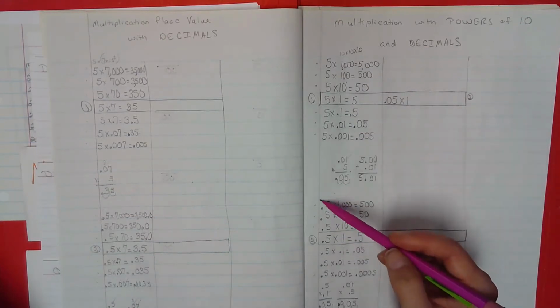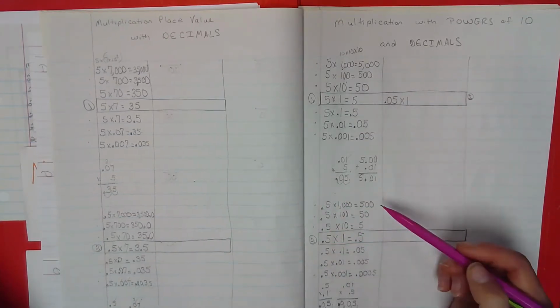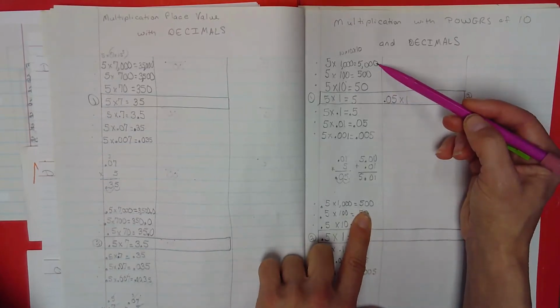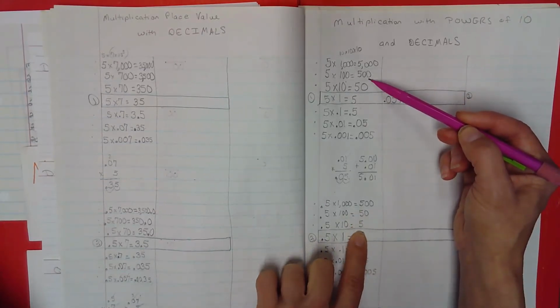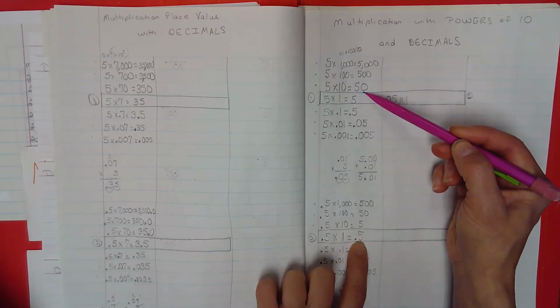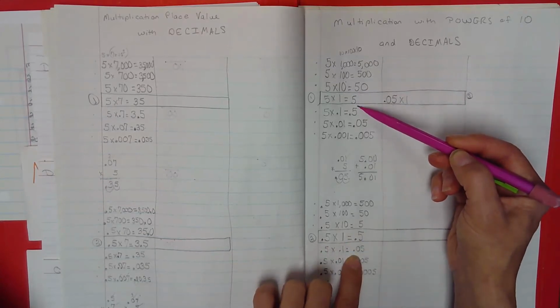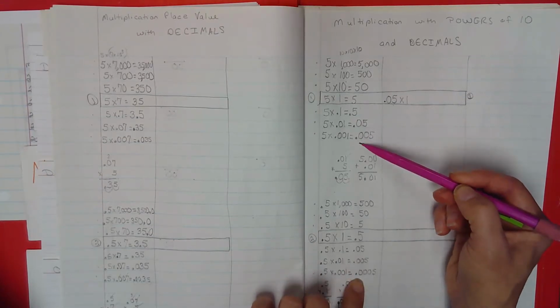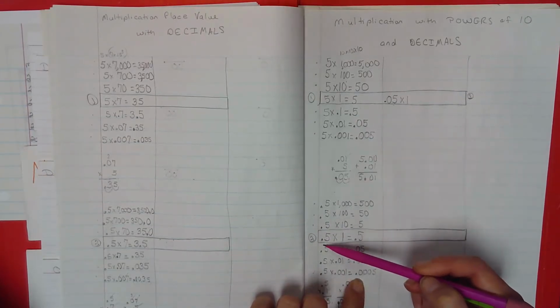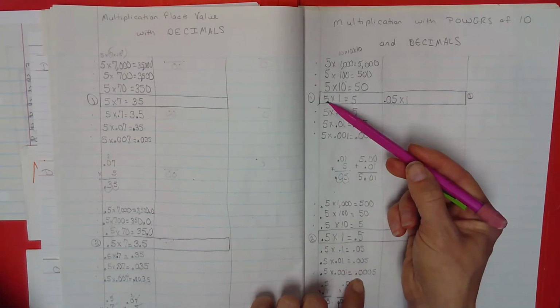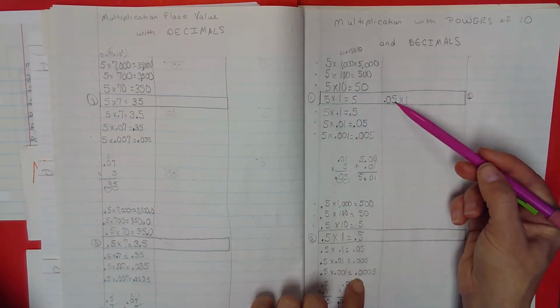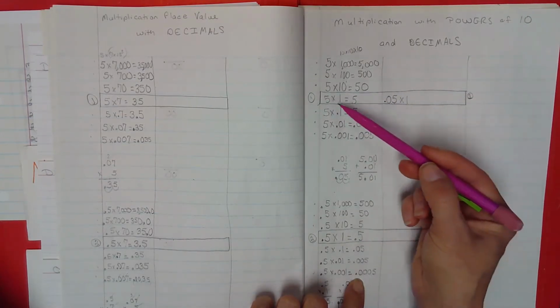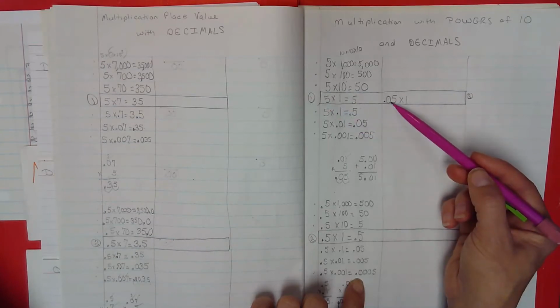Well, when we just took 5/10 of those same numbers, the answers got smaller by a place. So they got 10 times smaller when we multiplied by a number that was 10 times smaller. Now we're multiplying by a number that's 100 times smaller than 5.